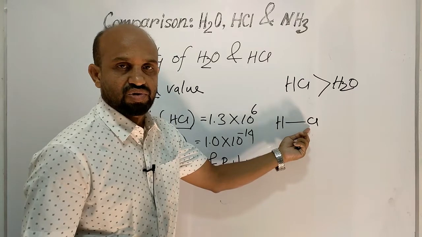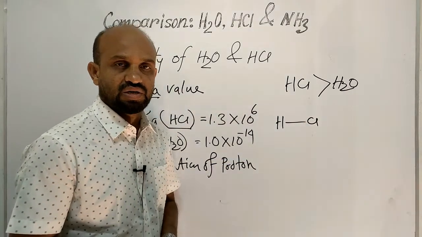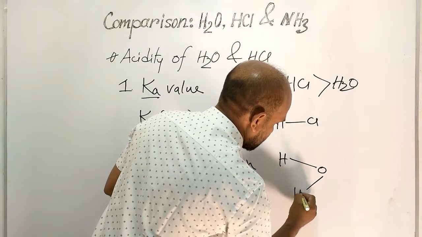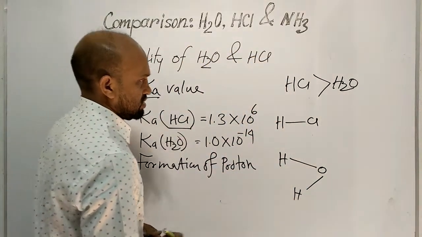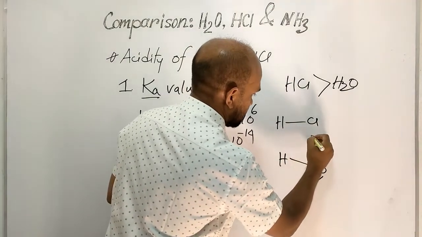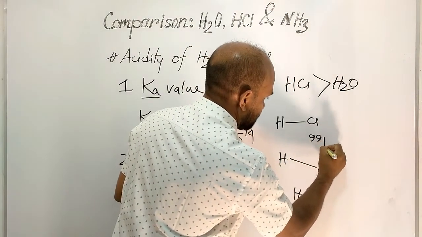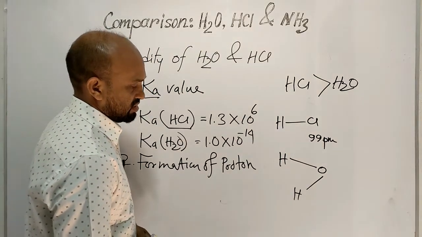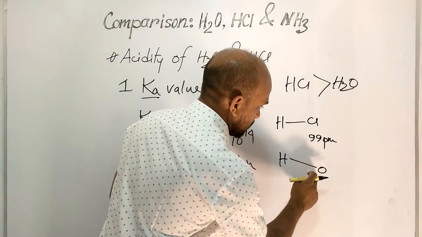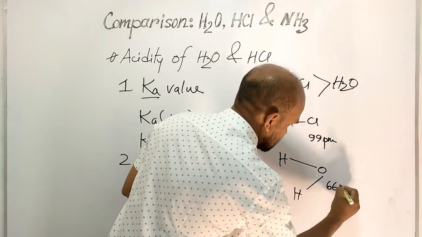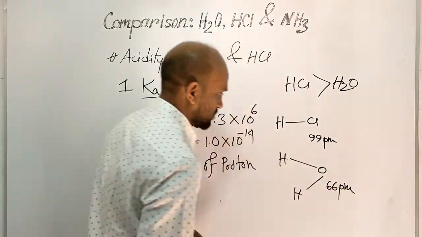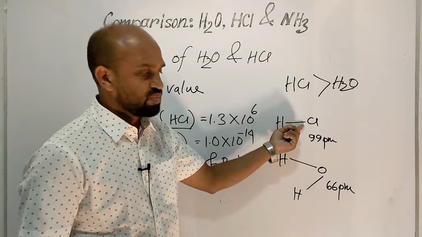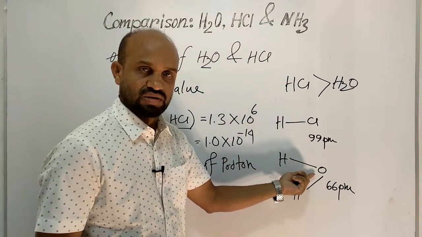The size of chlorine is bigger compared to the size of oxygen. The atomic radius of chlorine is 99 picometer, and the atomic radius of oxygen is 66 picometer. So chlorine is bigger in size compared to oxygen.